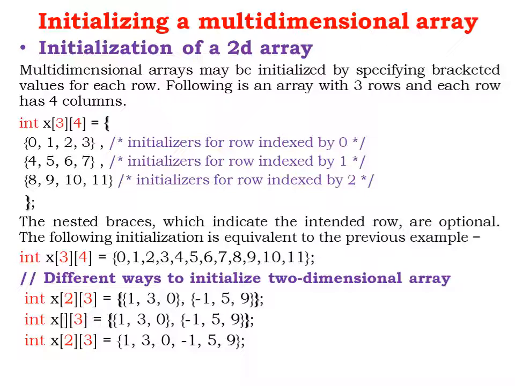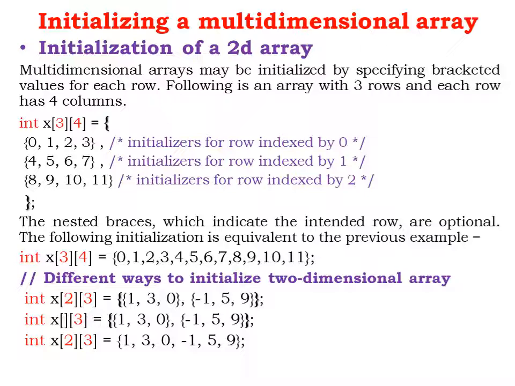In the first example we have int x of 2, 3, where we have 2 rows and 3 columns. So here is the first method. We have curly braces. In that we have nested braces which represent 1, 3, 0 and comma. In another nested brace we have 1, -1, 5 and 9. So this is one way.